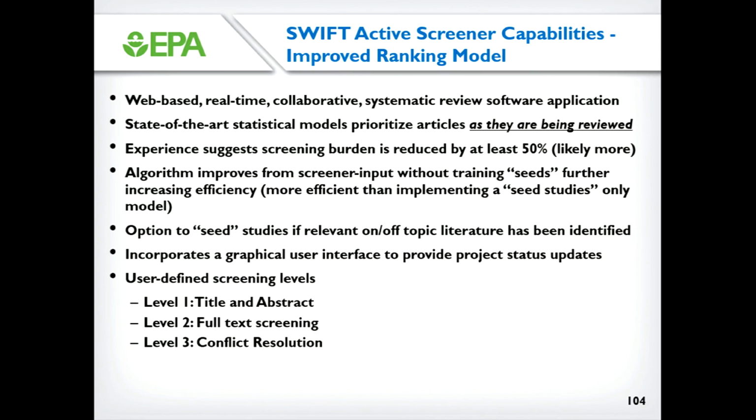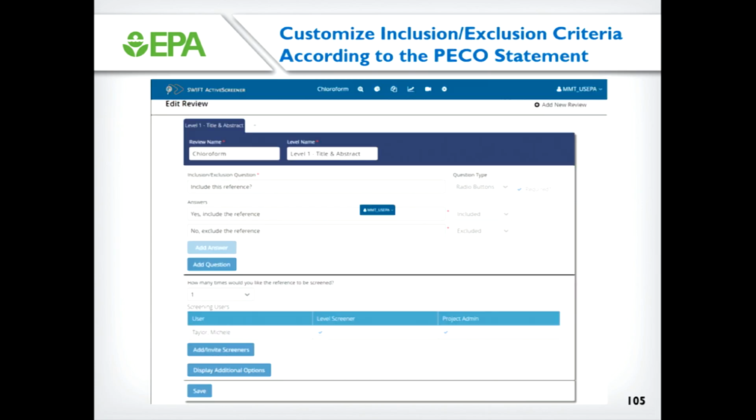It incorporates, again, like Swift Review, that graphical user interface, so a lot of this stuff is point and click. You can hover over and select all over the visual. In its user-defined screening levels, you have a level 1, title and abstract, level 2, full screening, and then you can have a conflict resolution component.